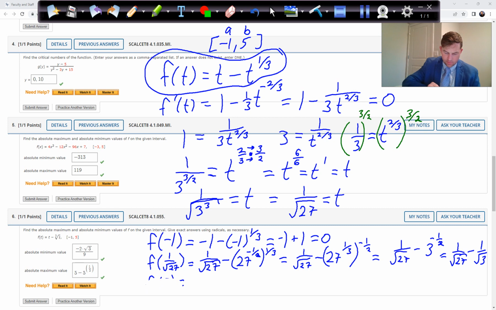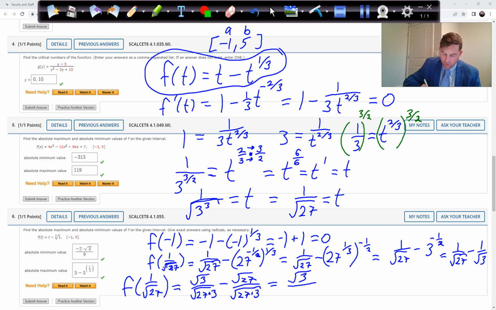All right, let's actually delete this one for now because we need more room. Okay, so we need a lowest common denominator, so we're going to multiply by square root of 3 minus root 27 over square root of 27 times 3.